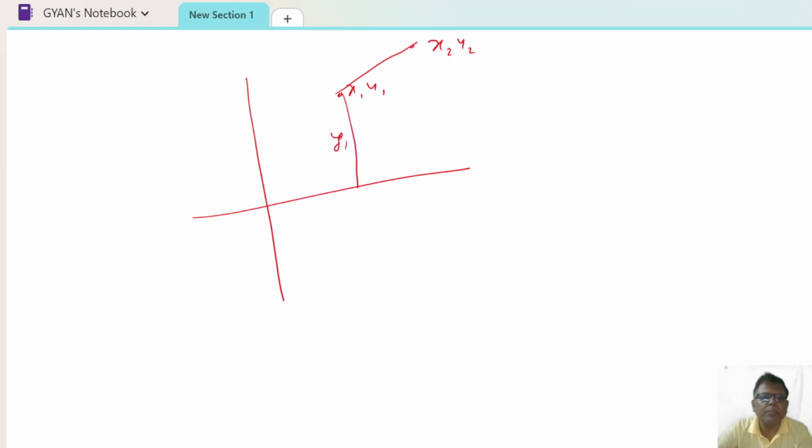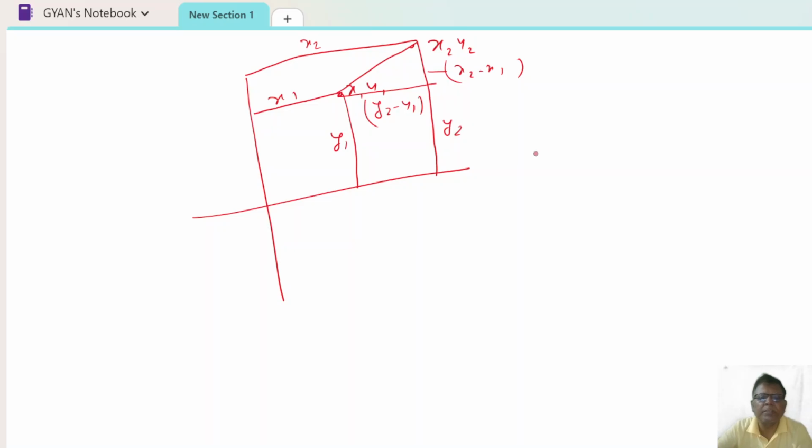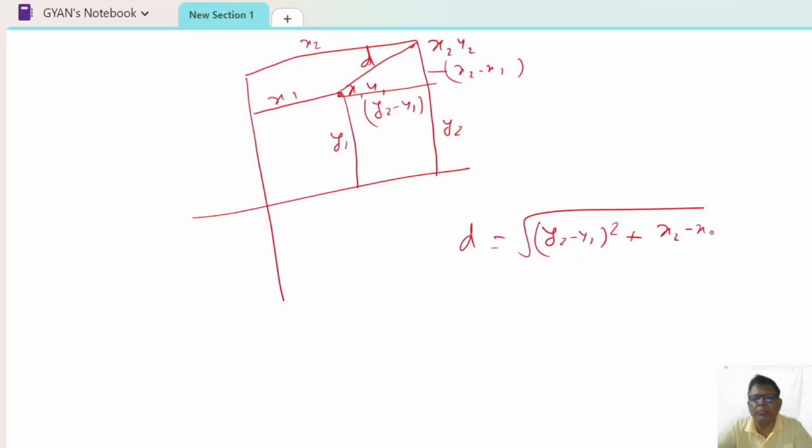This distance is y1, this is x1, this is x2 and this is y2. That means this distance is y2 minus y1 and this distance is x2 minus x1. Suppose the distance between them is d. Using the Pythagoras theorem, d will be the root of (y2 minus y1) whole square plus (x2 minus x1) whole square.